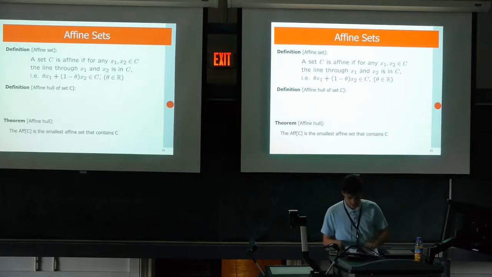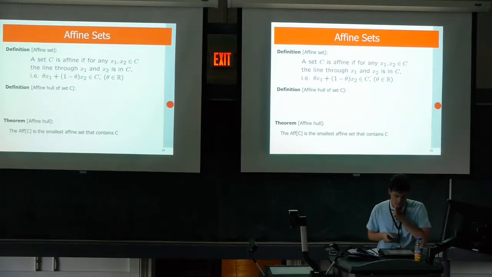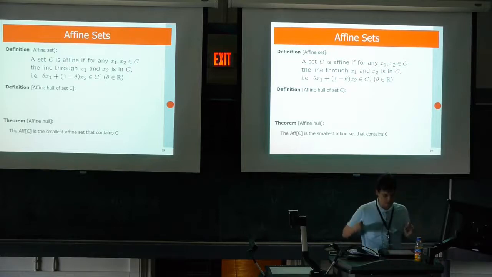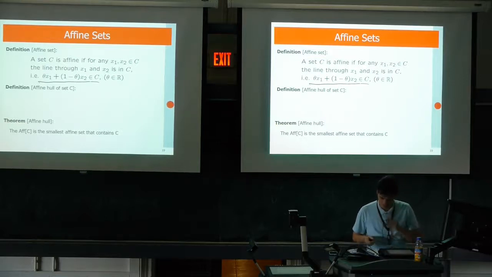OK, so we say that set C is affine if for any x1 and x2 in set C, the line through x1 and x2 is also in C. Another way to say it: for all theta, theta x1 plus (1 minus theta) x2 is in C as well.